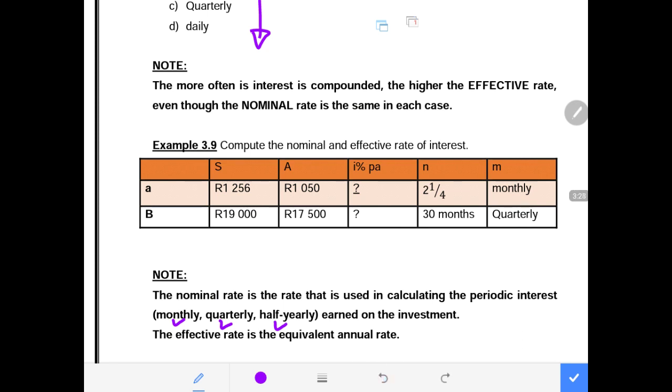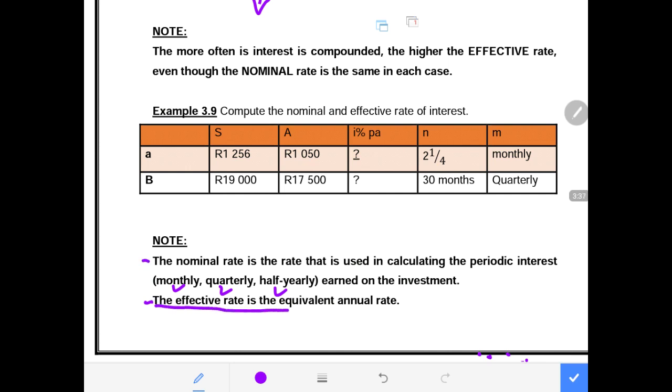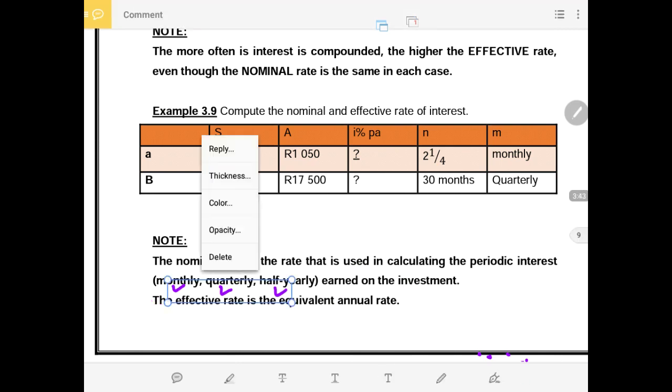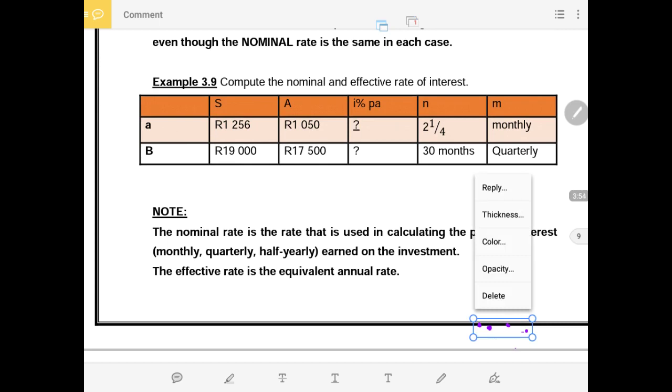Then we go to the second of the notes, which says the effective rate is equivalent to the annual rate. I want to highlight this very important note, because I will be applying it in this example, and I would like you to apply it in the exercise that follows after this.